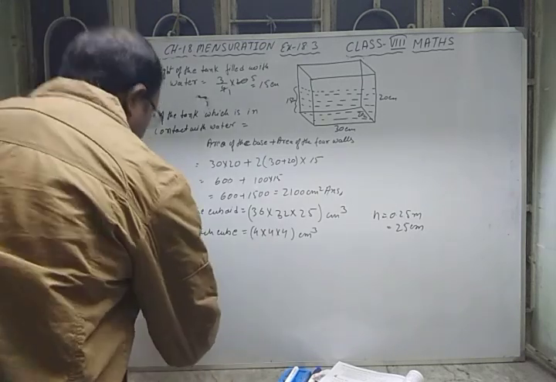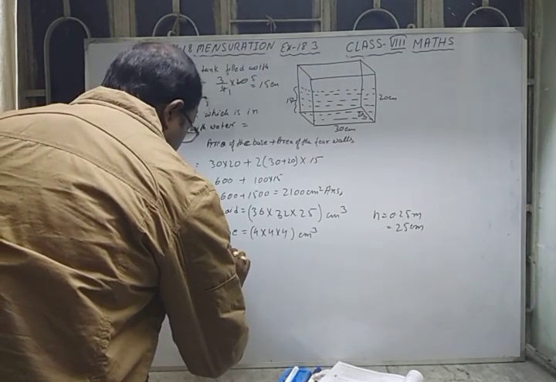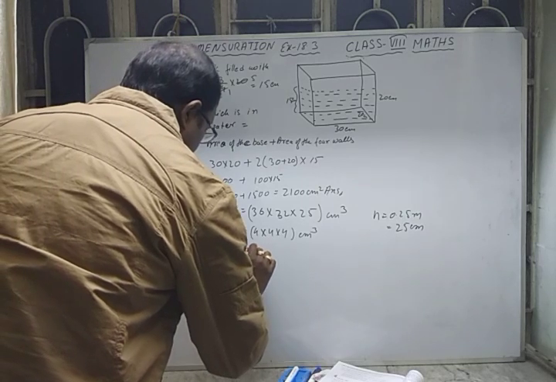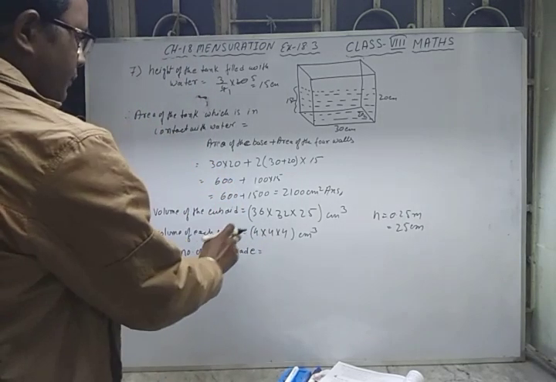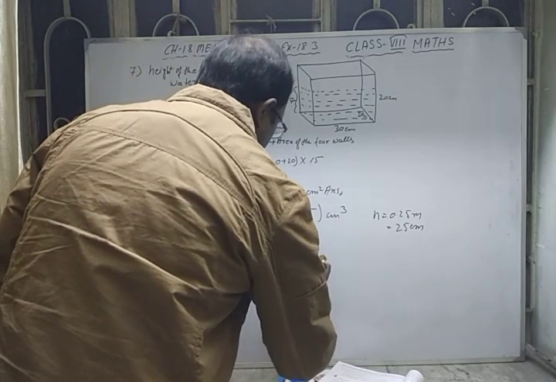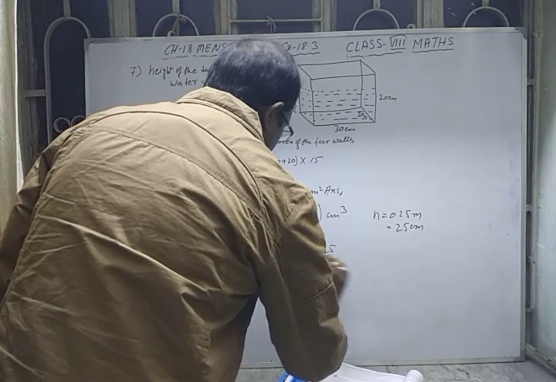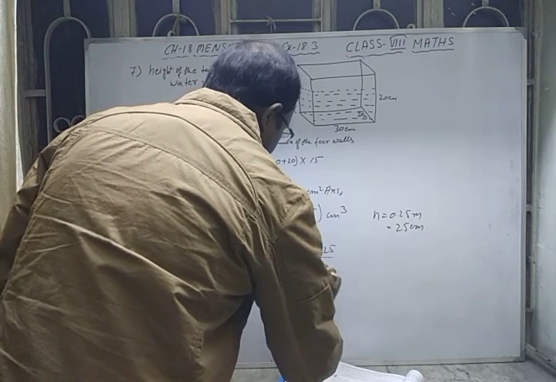Now you have to find the number of cubes. So the number of cubes made is equal to volume of the cuboid divided by volume of a cube. So that's why I didn't multiply them, because it will be easy for doing the cancellations if you keep it like this.